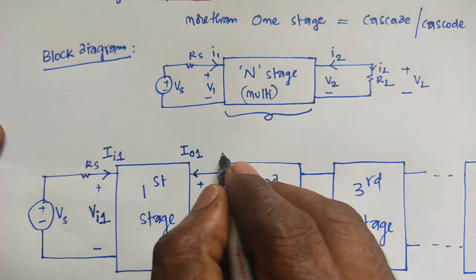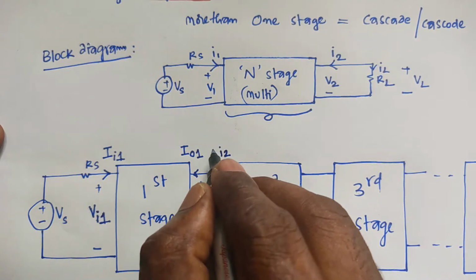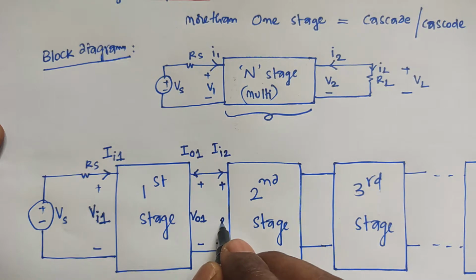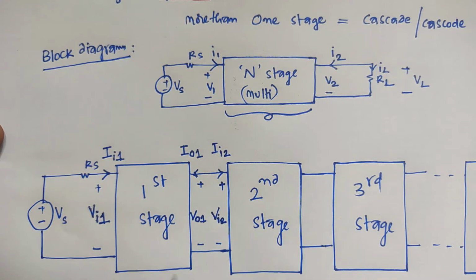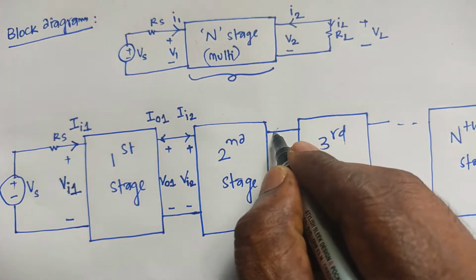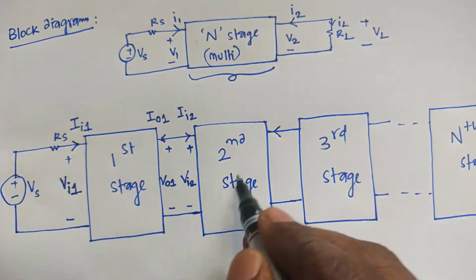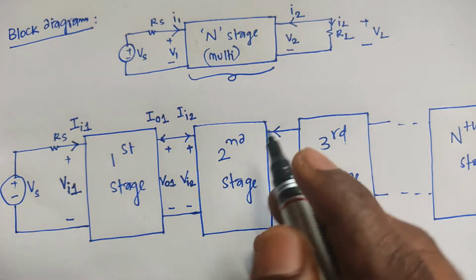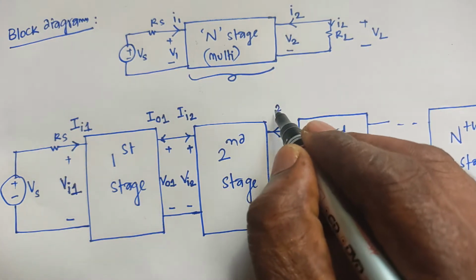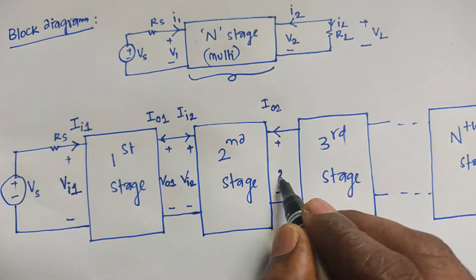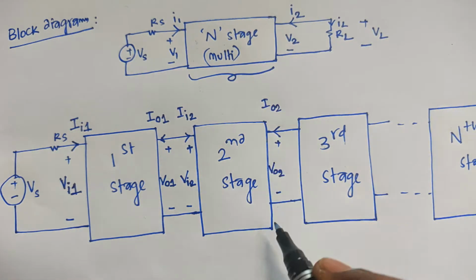Similarly, at the end of this is the second stage input current and the second stage input voltage. Similarly for the second stage, input and output both are incoming to that amplification. This is the second stage output current and the second stage output voltage.